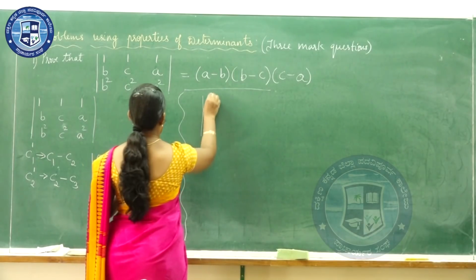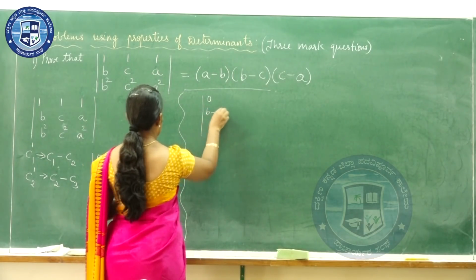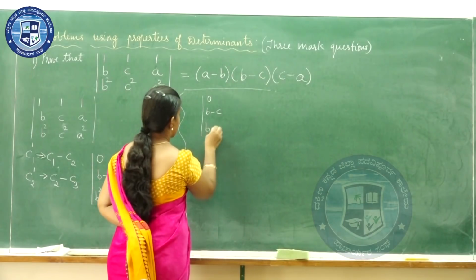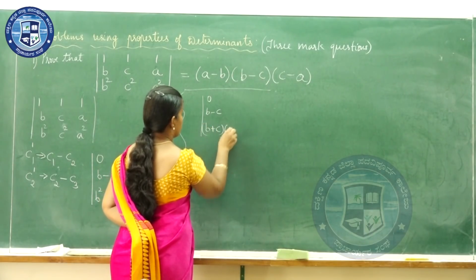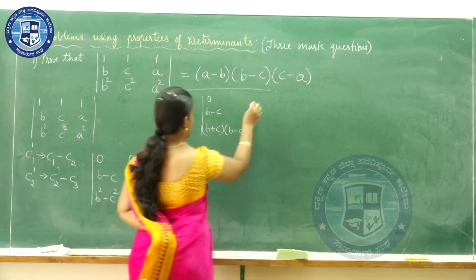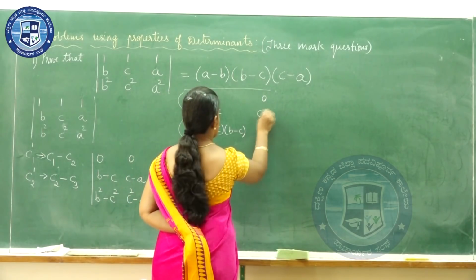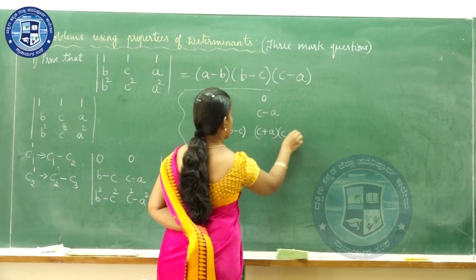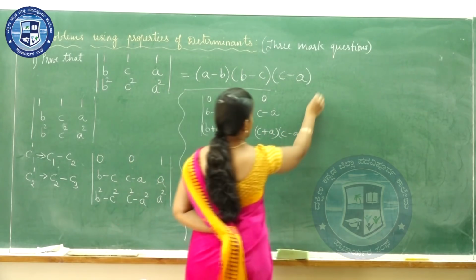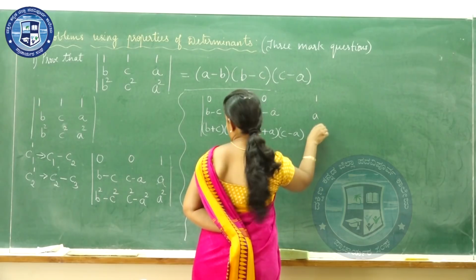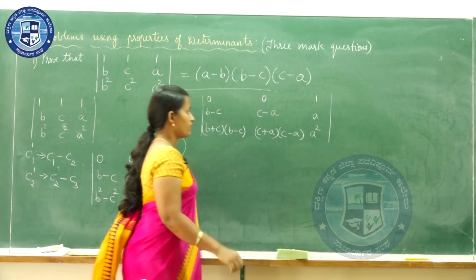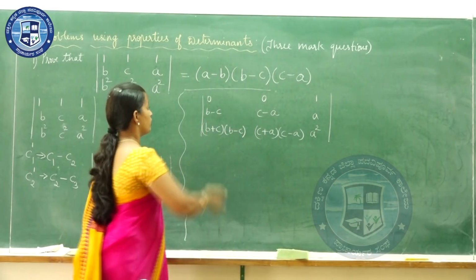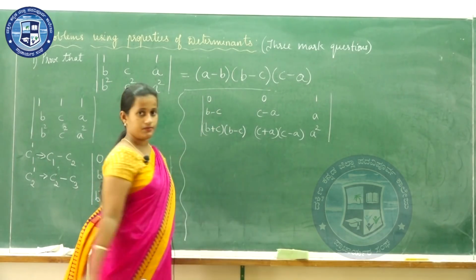So, we now have 0, B minus C, B square minus C square can be written as B plus C into B minus C. Then we have 0, C minus A, C plus A into C minus A, 1, A, A square. Now, observe the first column.